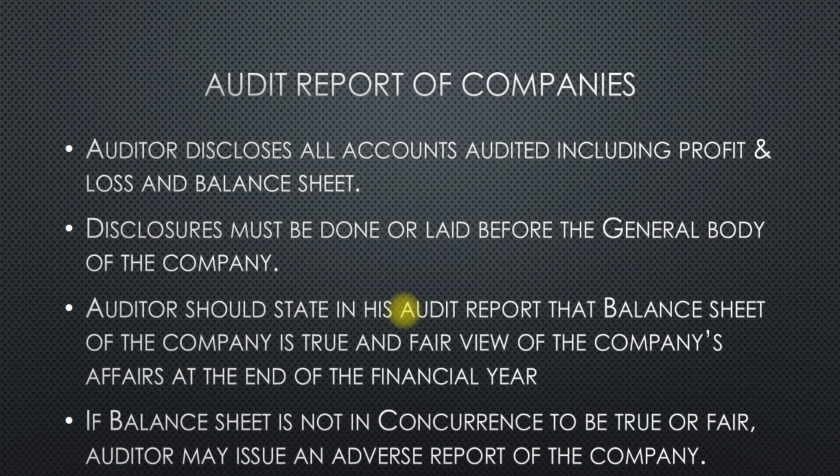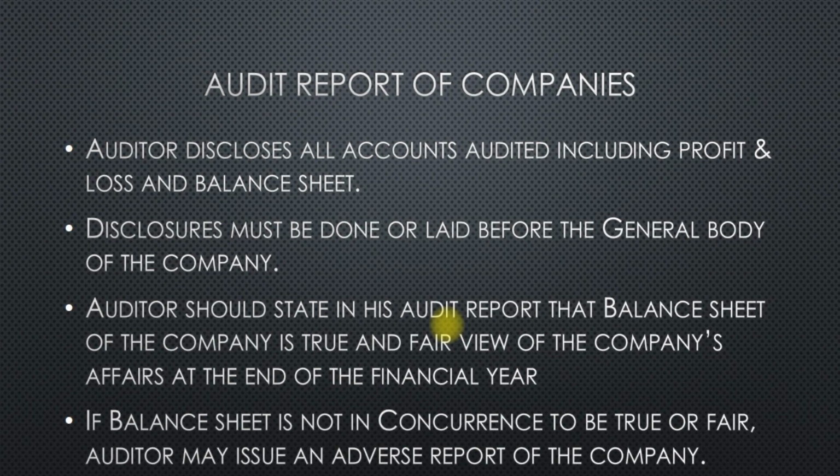Next, the audit report of companies. According to Companies Act section 227, the duty of the auditor is to report to the members of the company on all the accounts audited by the auditor, including the balance sheet, profit and loss account, and every document which comes under the purview of the Companies Act, and which should be laid before the general body of the company during the tenure of the auditor's office.